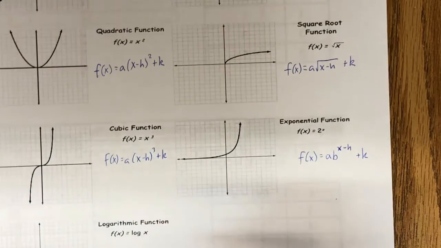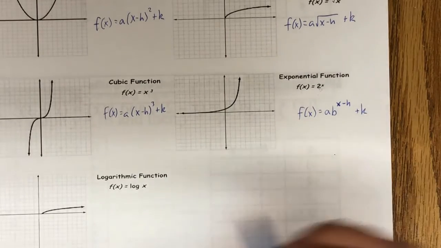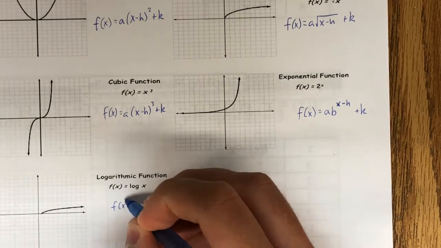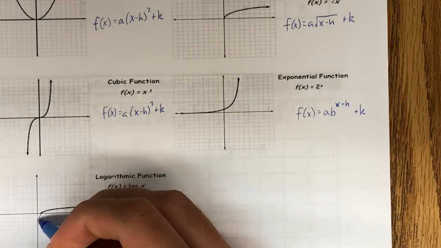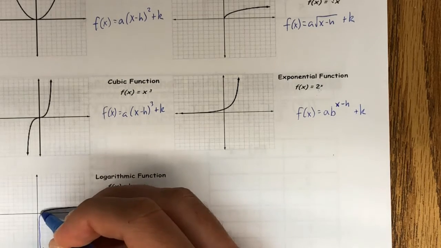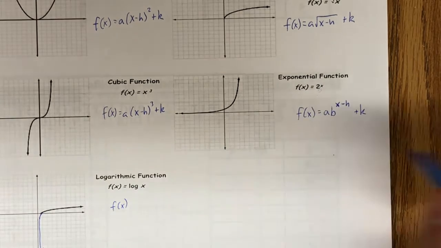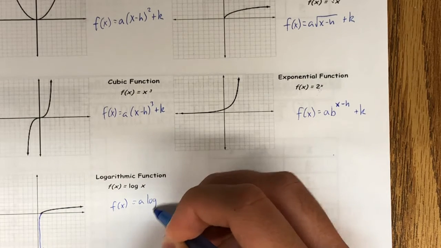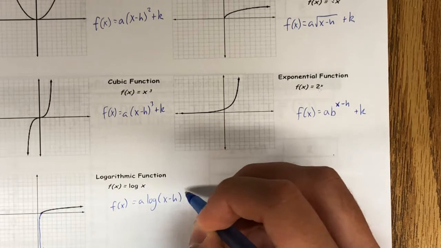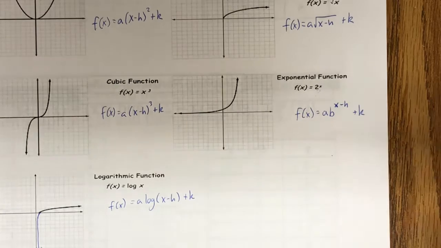And lastly, with our logarithmic functions, oops, this isn't a log function. Log functions extend forever, like so. So pretty similar, but a times log of x minus h plus k.